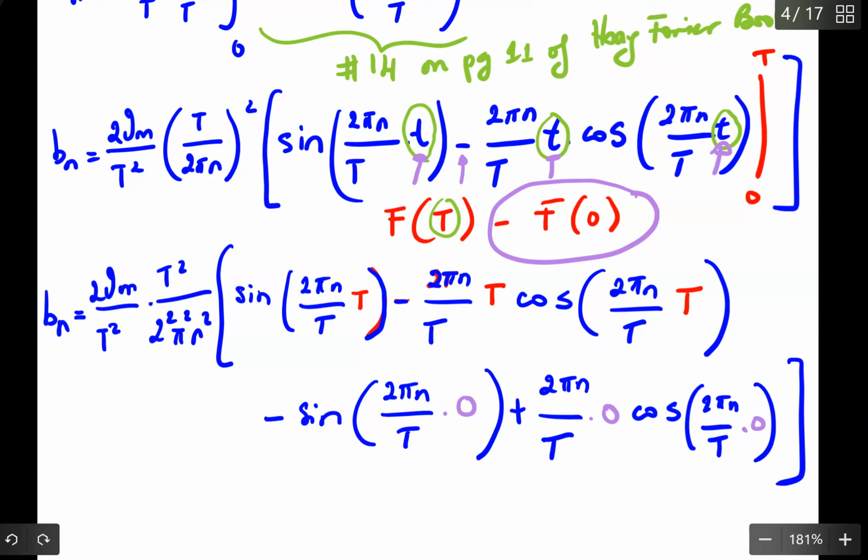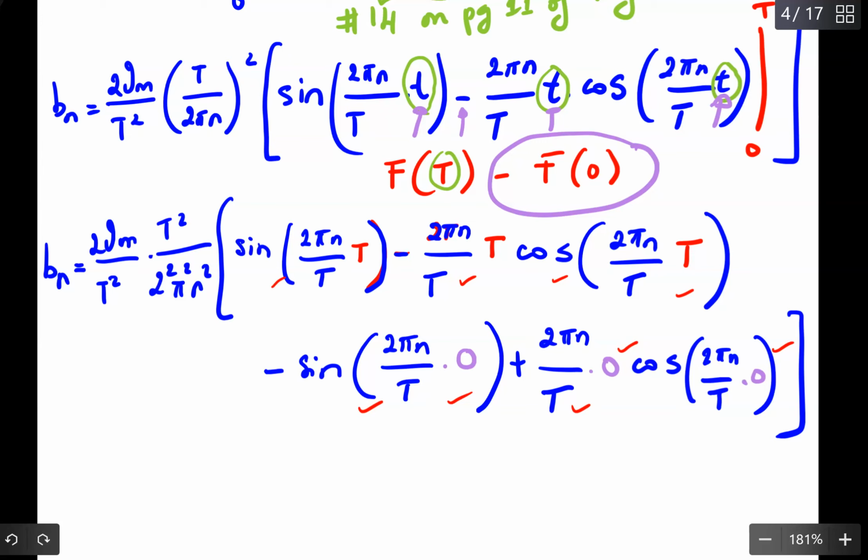Let's double check to make sure that we substituted everything that we need to substitute. That's what I have, that times cos of this and that. Sine now is a 0, 2 pi T multiplied by a 0, and this is a 0 as well.